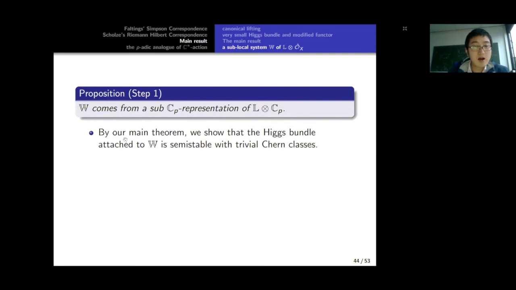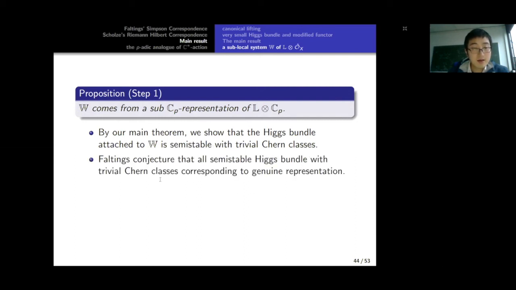By our main theorem, we can show that the Higgs bundle attached to this generalized representation is semi-stable with trivial Chern class. And actually Faltings' p-adic Simpson conjecture says that all semi-stable Higgs bundles with trivial Chern class correspond to generalized representations. But here we can't use Faltings' conjecture.